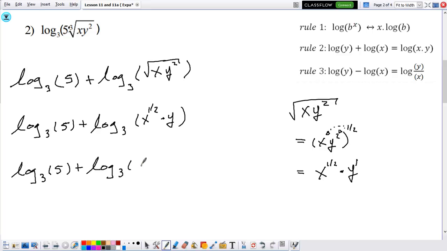The first thing that I'm multiplying, x to the 1/2, plus the second expression that I'm multiplying, which is just y. So we're almost done.